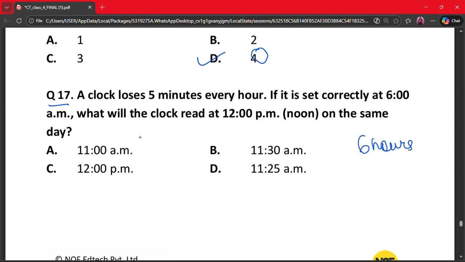The loss is 6 into 5, because every hour it loses 5 minutes. So in 6 hours it will lose 6 into 5, that is 30 minutes. After 6 hours it will become 12, and 12 minus 30 minutes is 11:30. So our correct answer is option B.